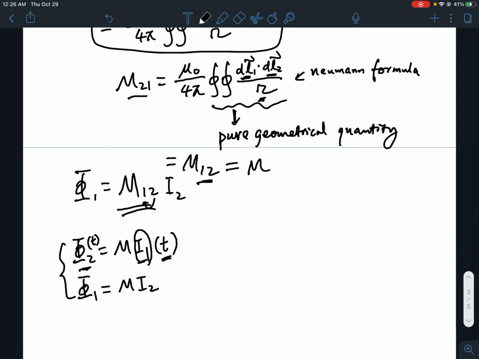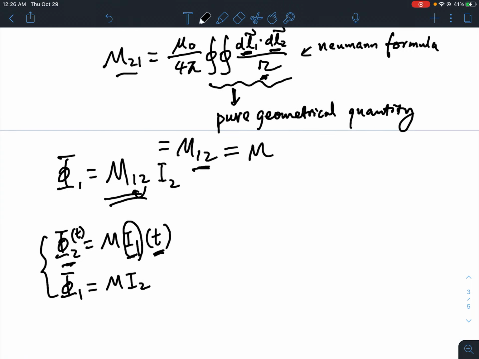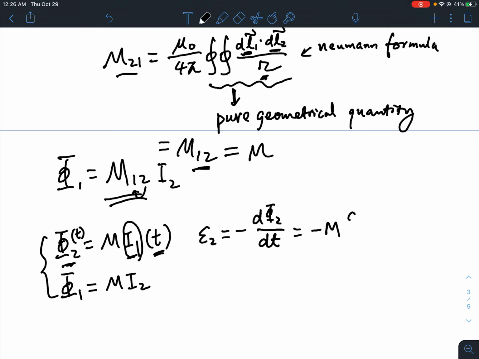This is an electromotive force, and this EMF is minus d phi 2 over dt, which is minus M dI1 over dt.